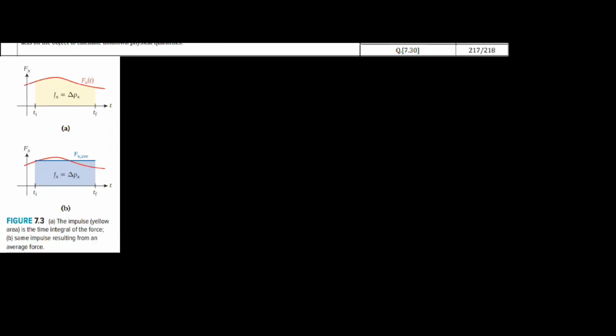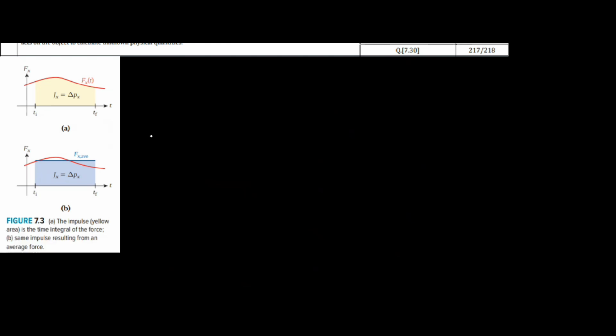Next comes the graph of force versus time. When you change what is on the x-axis, what you get from the graph also changes. In the case of a graph of force versus time, again we find the area under the graph to find a quantity, and that quantity now is impulse.